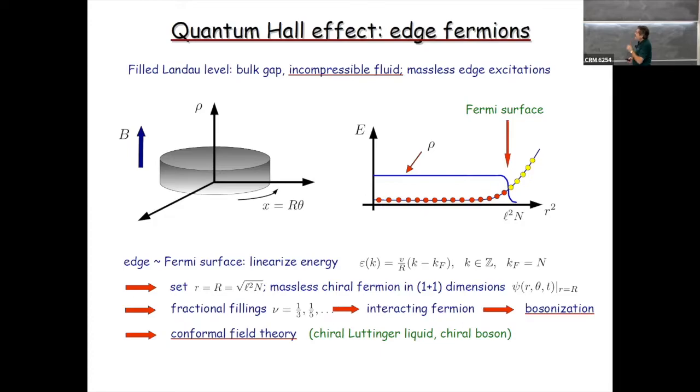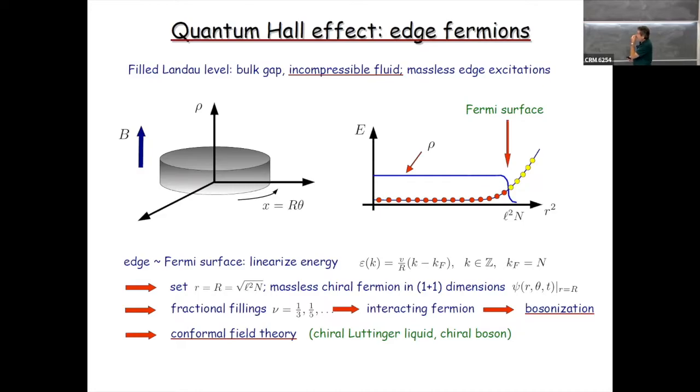So you have a sort of Fermi surface in real space, and you can consider particle-hole excitations of the fermion, and you can also linearize the spectral relation, and so you get a relativistic fermion.